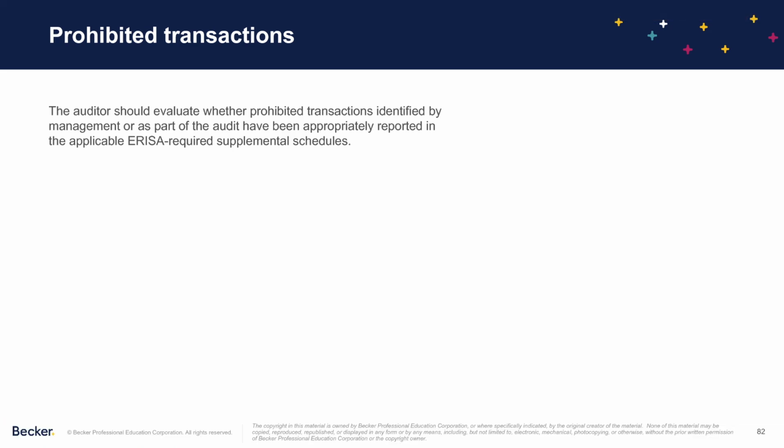One of the things it addressed was, well, what happens if management doesn't report a prohibited transaction in the supplemental schedule, and it gave us our instructions on how to handle that. But how would we know that? Well, we have to do procedures to evaluate whether prohibited transactions identified by management, or that we identified during the audit, are appropriately reported in those supplemental schedules.